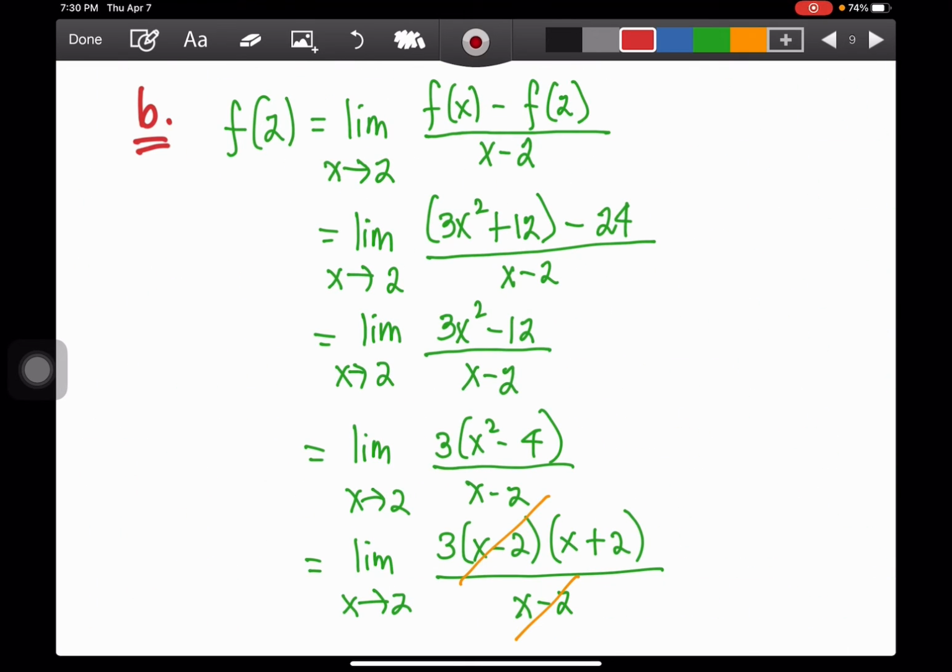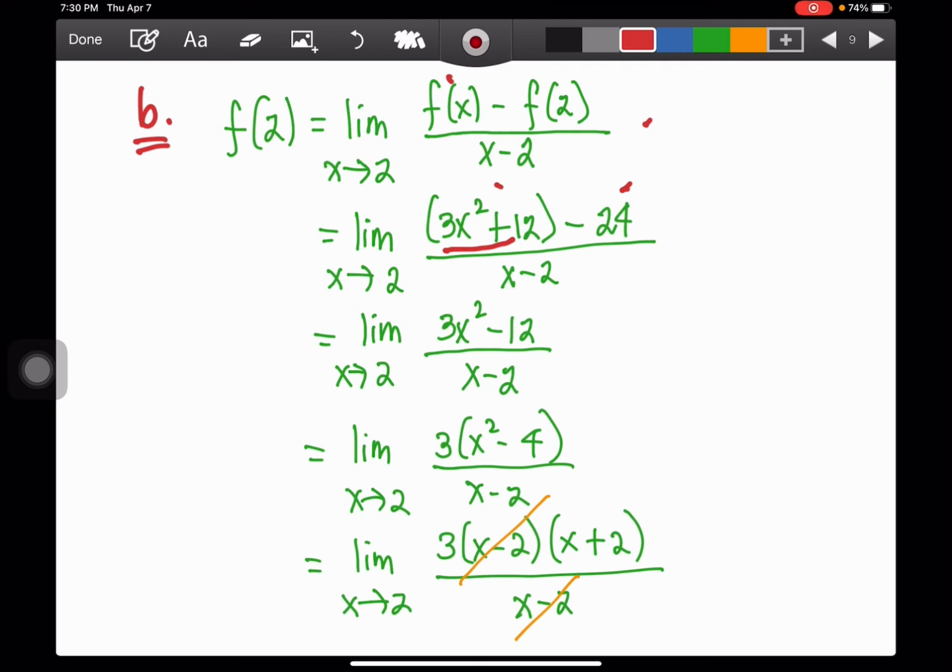Let's proceed to B. Formula number 3 this time. So you have the limit of f of x minus f of 2 all over x minus 2 as x approaches 2. And remember that this was the function given. So that function is 3x squared plus 12 minus f of 2. That is by substitution: 3 times the square of 2 is 3 times 4, 12 plus 12, it's 24.